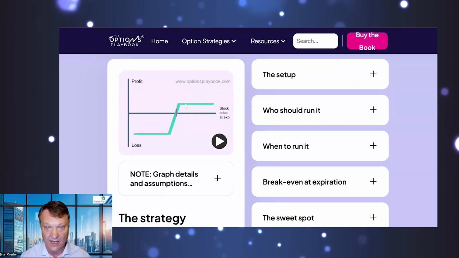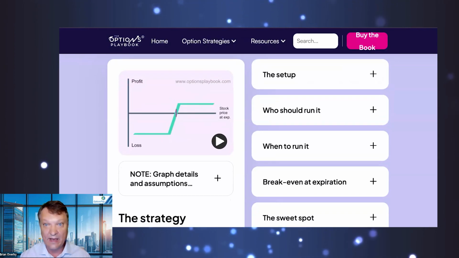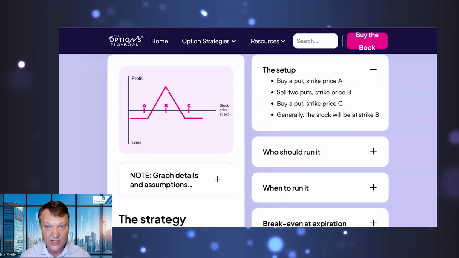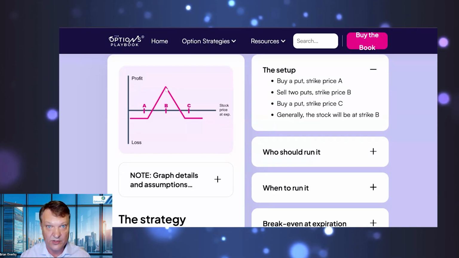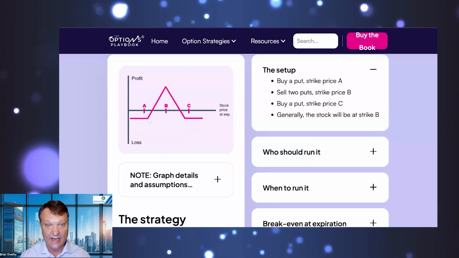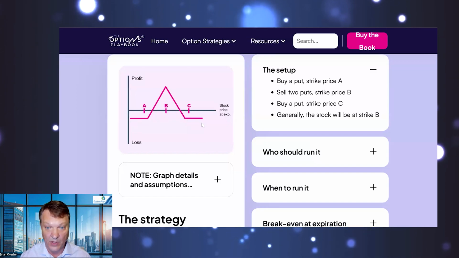So this line goes away. And what ends up happening is we sell 2 at strike B. So we're selling this put on the short spread, and we're selling this put on the long spread. And this ends up looking like our butterfly.